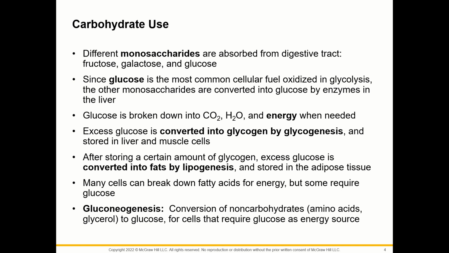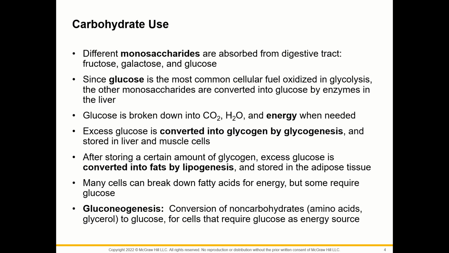Fructose is the sweetest of the monosaccharides. Since glucose is the most common cellular fuel oxidized in glycolysis, the other monosaccharides are converted into glucose by enzymes in the liver. Glucose is broken down into carbon dioxide, water, and energy when needed. Excess glucose is converted into glycogen by glycogenesis and stored in the liver and muscle cells.